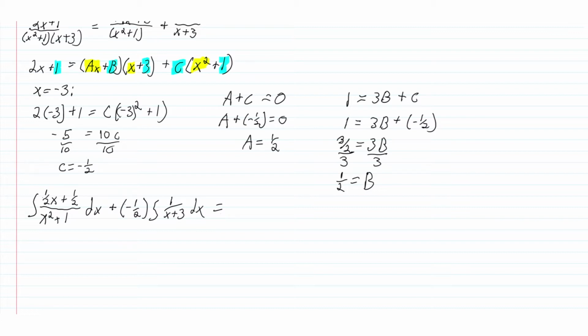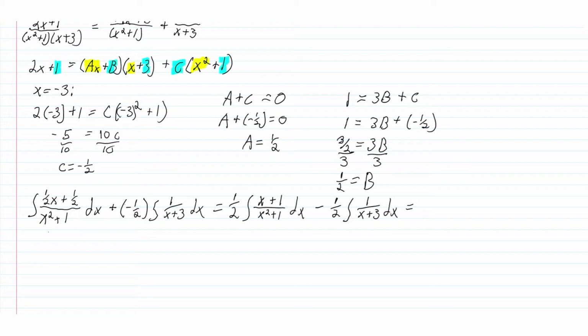On the left side, we have these two 1/2s up in the numerator. So we can factor out a 1/2, and we'll get 1/2 of the integral of x plus 1 divided by x squared plus 1 dx, minus 1/2 the integral of 1 over x plus 3. All right, and now, in order to solve this x plus 1 over x squared plus 1, we need to break it into two separate integrals.